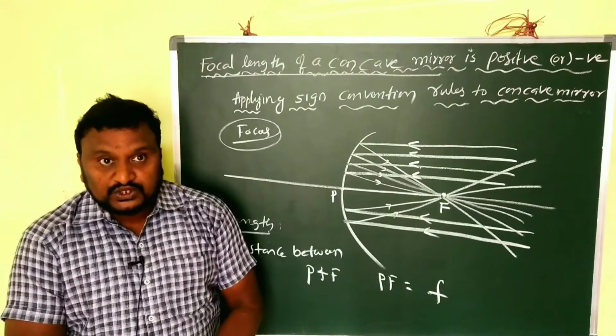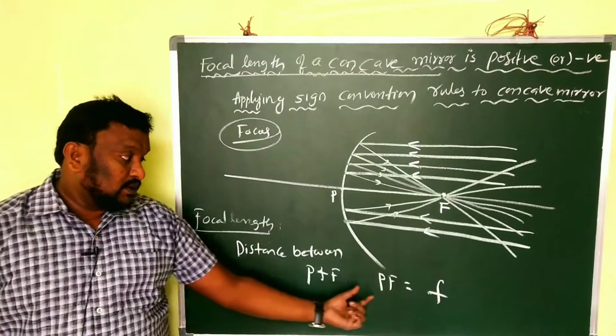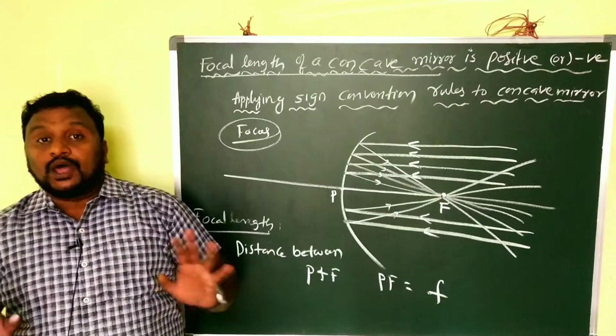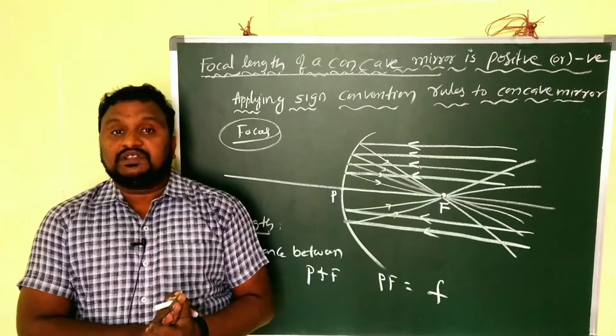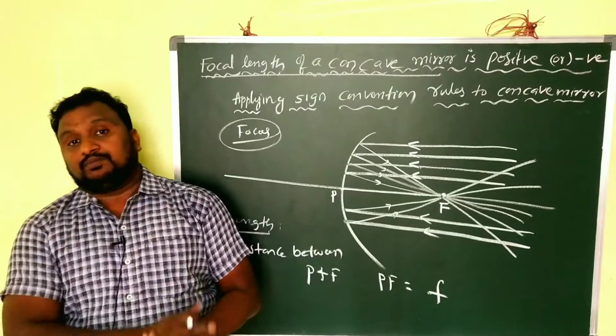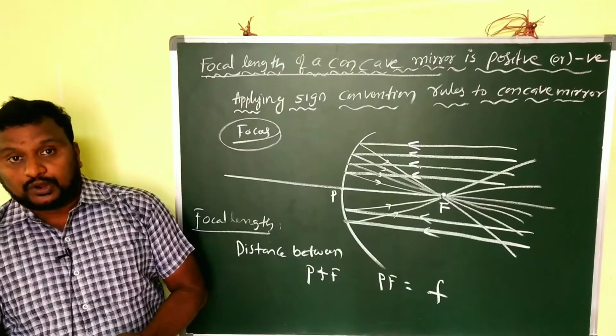As per this diagram, PF is equal to f. Now according to the sign convention, is f positive or negative? According to the sign convention, is the focal length positive or negative?